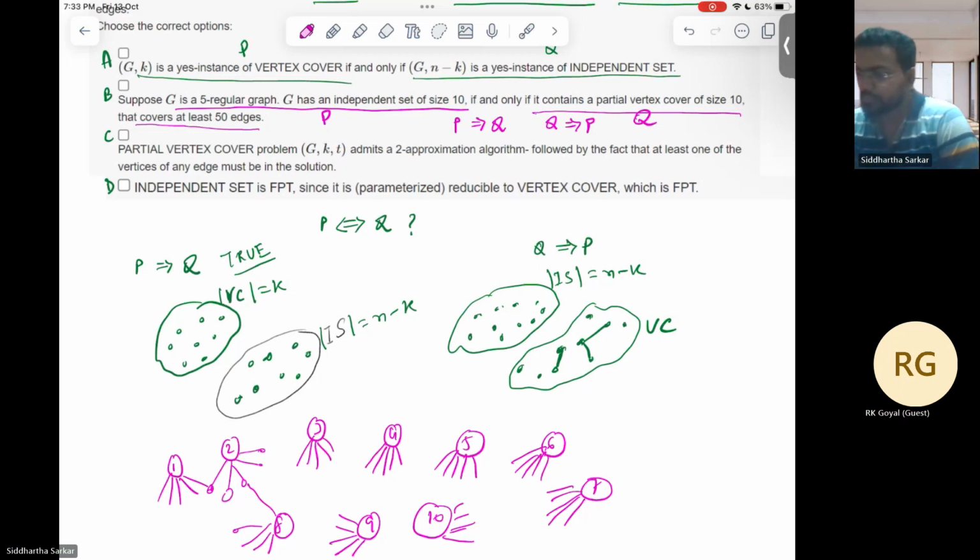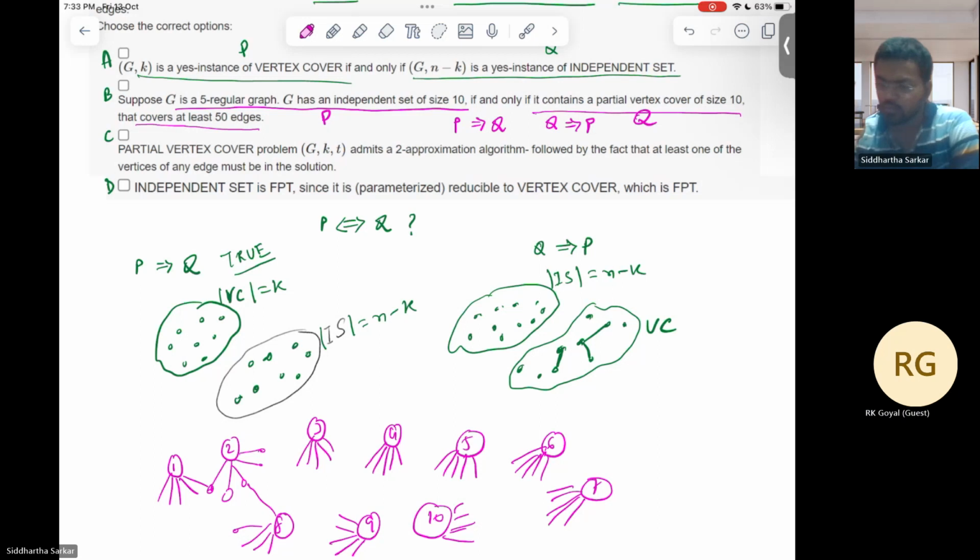Correct. So then we won't have an independent set of size 10. So it shows that the negation of Q implies the negation of P. But then this would be the same as P implies Q only.